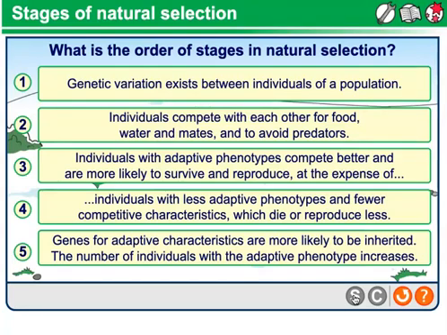That's stage 4. Stage 5, genes for adaptive characteristics are more likely to be inherited, and the number of individuals with the adaptive phenotypes, again, phenotypes of physical characteristic, they increase.